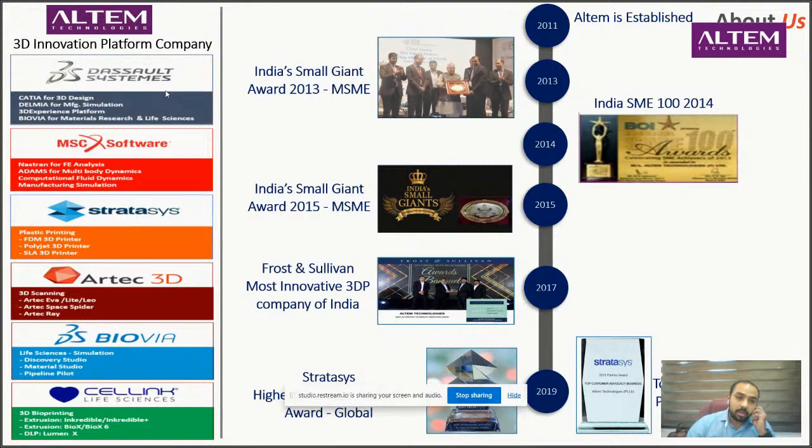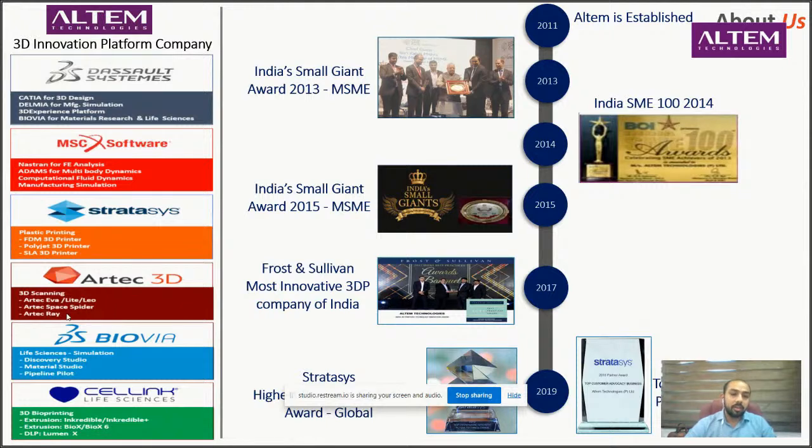The third is Stratasys, the worldwide famous OEM for 3D printers. FDM printers are the best for functional testing, and if you want your product in its actual color or texture, then PolyJet 3D printers are there.